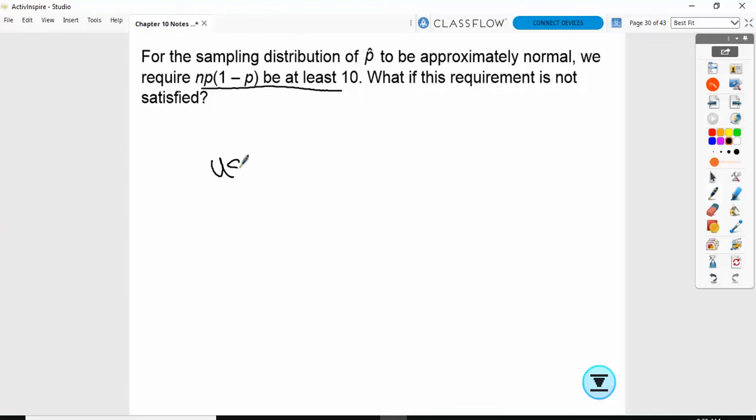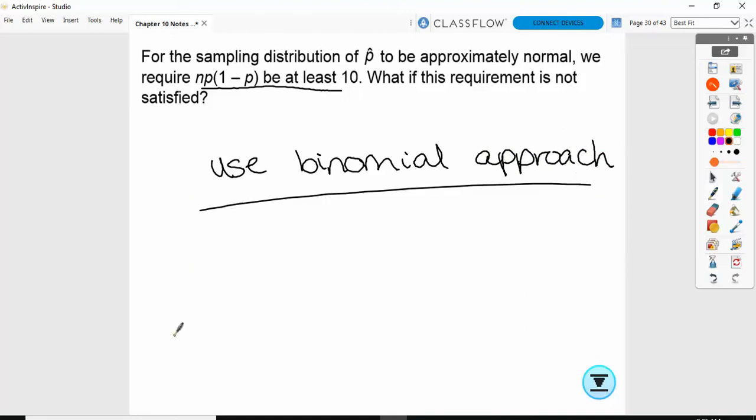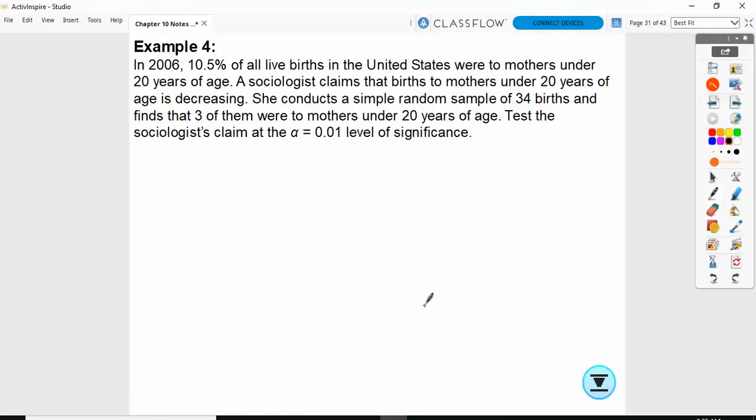We have to have a different approach, and in that case, we use the binomial. So when the criteria fails to be met, we have to stick with the binomial.